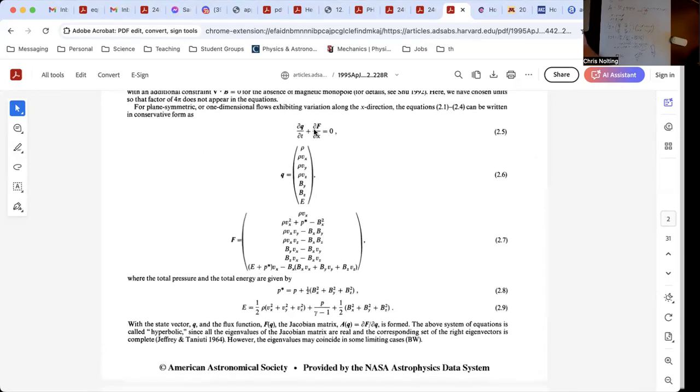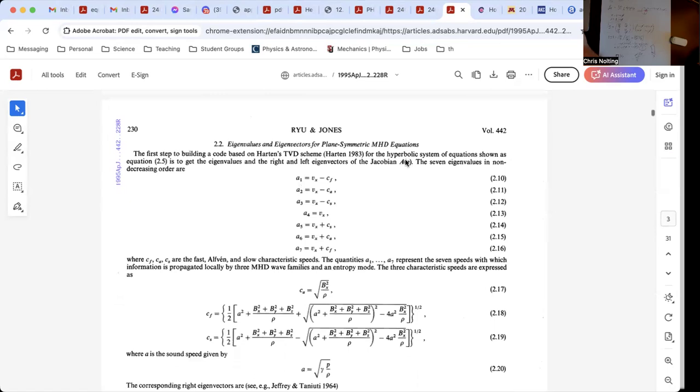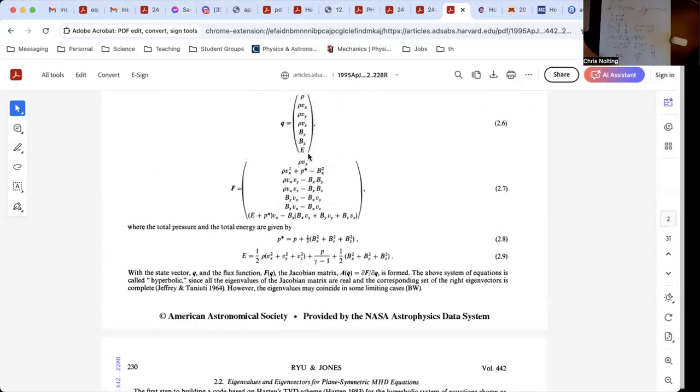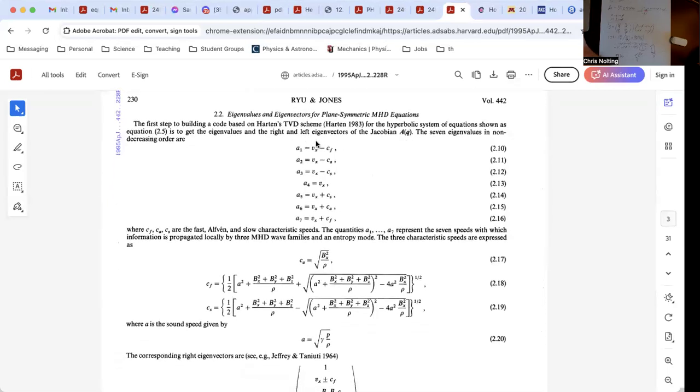So now we've got two vectors here, but what we can really define is a Jacobian matrix A, which is a function of all those conserved quantities, and we then try to figure out what are the eigenvalues and eigenvectors associated with that Jacobian matrix.